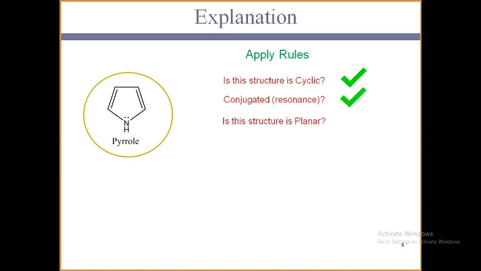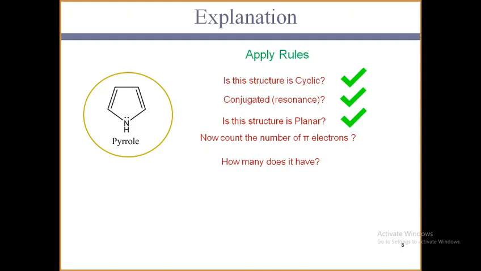Is this structure planar? Yes. Now we count the number of pi electrons. How many does it have? So the total number of pi electrons will be 6. How? There are 4 pi electrons in the double bonds and the 2 pi electrons from the lone pair of electrons on the nitrogen.